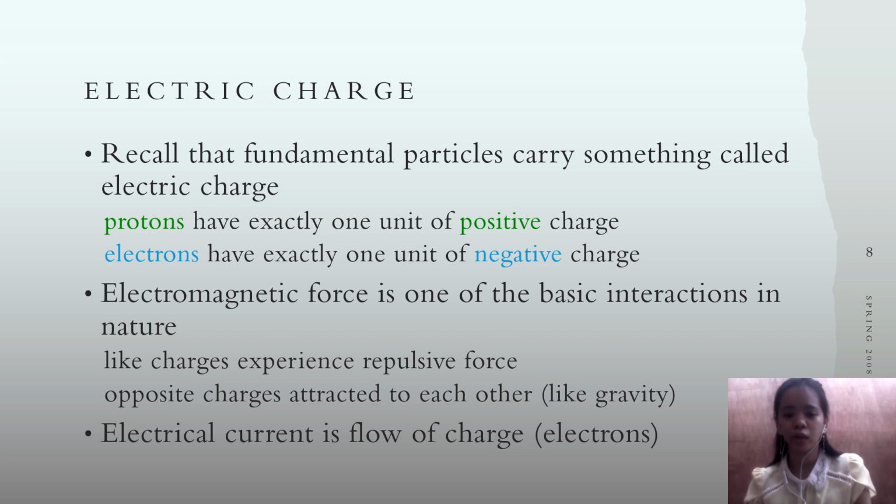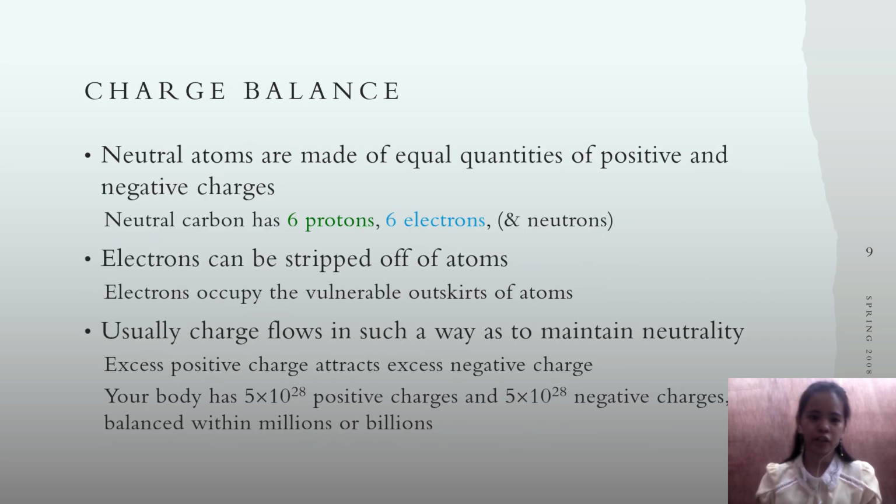Protons have exactly one unit of positive charge and electrons have the same with a unit of negative charge. The electromagnetic force is one of the basic interactions in nature: like charges experience repulsive forces, and opposite charges attract each other. Electric current is a flow of charge.